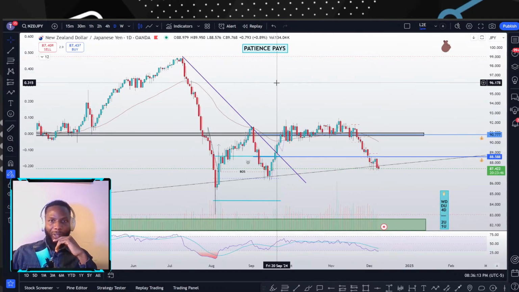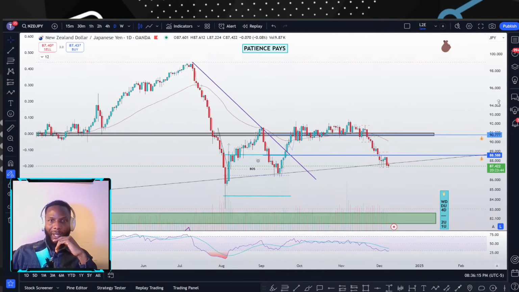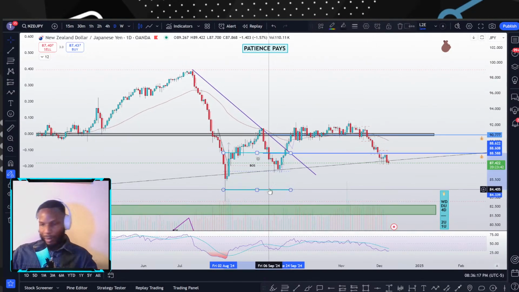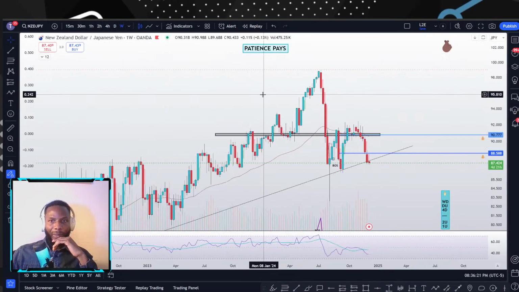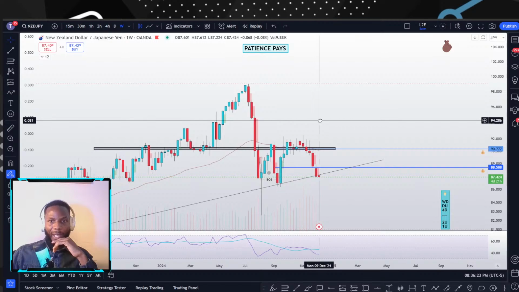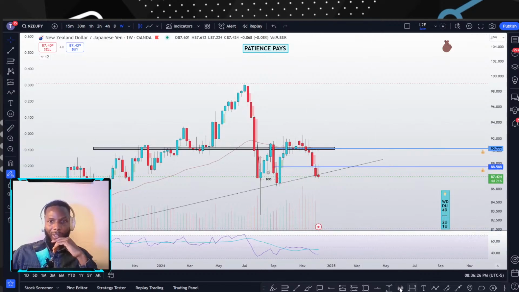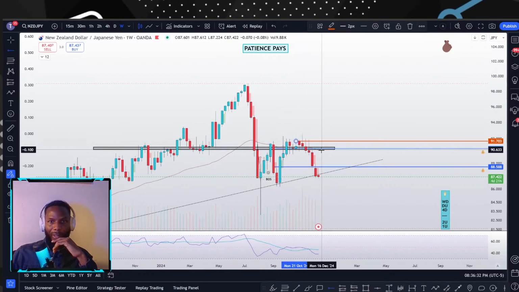Once you find out this area, which I have to actually go back and mark up the levels so you can see what I'm talking about. Let's go back to the weekly, and I'm gonna put the last structure that I see, which is here. This is the high, and then this is the low of that.